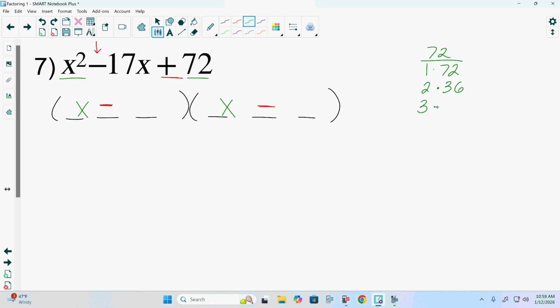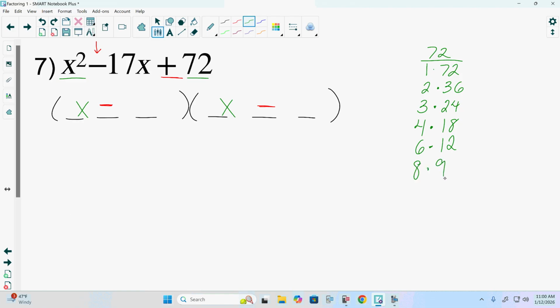72 is also divisible by 3. 3 times 24. 4 is also a factor of it. 4 and 18. 5 is not a factor because it does not end in a 0 or 5. 6 is a factor because 2 and 3 are both factors. 6 and 12. 7 is not.